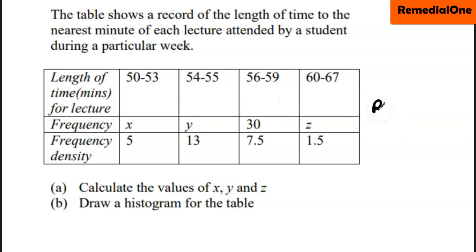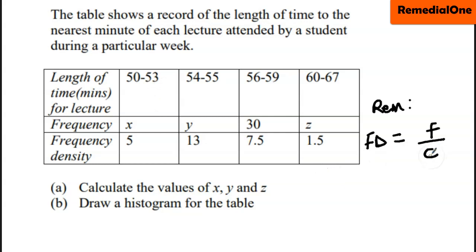Now you have to remember that frequency density is equal to the frequency of the class over the class size. Now in the first class, 50 to 53 minutes, the frequency density is 5. We don't know the frequency, and we know the class interval.